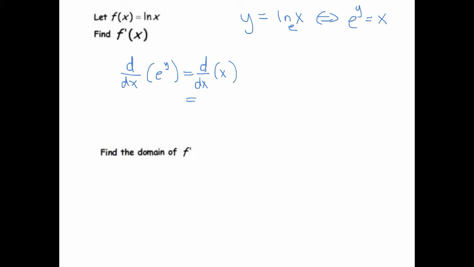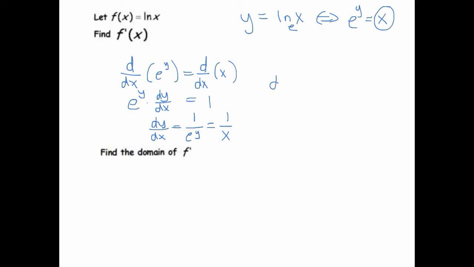Now the derivative of x is 1. The derivative of e to the y is e to the y times the derivative of the inside part, which is dy dx. So if I divide by e to the y, dy dx equals 1 over e to the y. But e to the y is just x. So it's 1 over x.